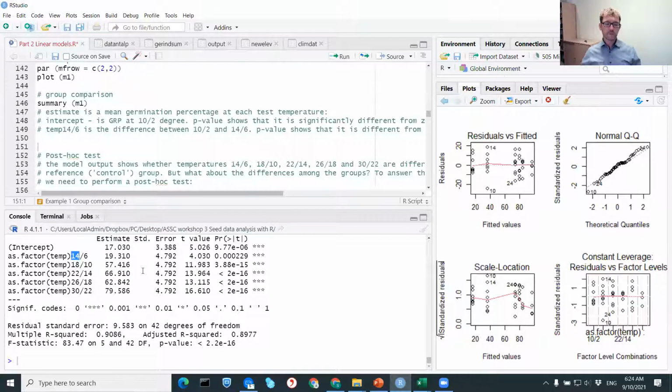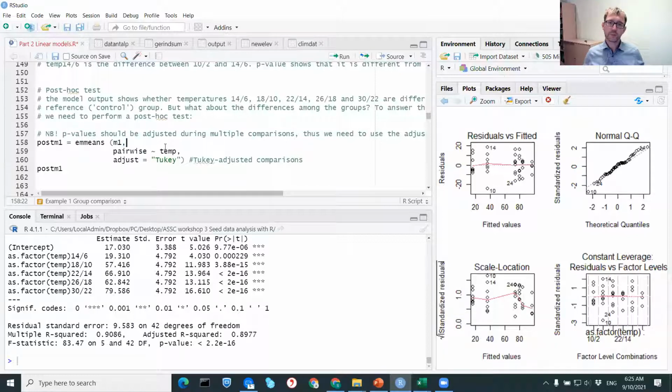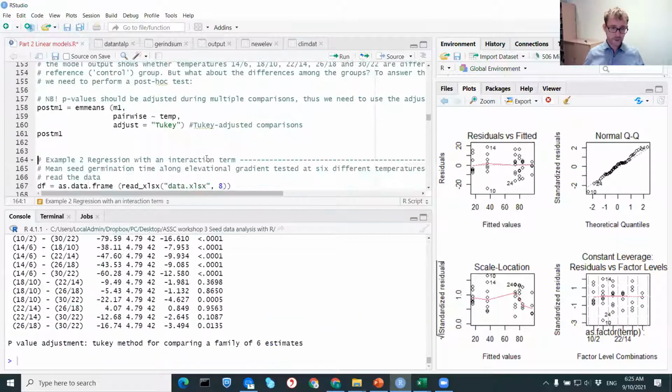So now what we're doing in the post hoc test, we're taking another reference group, 14.6, and comparing germination at 14 degrees to germination at 10 degrees, to germination at 18, 22, 26, and so forth. There is a wonderful package, emmeans, and this is how you run a Tukey post hoc test. You probably know it if you're an ANOVA user.